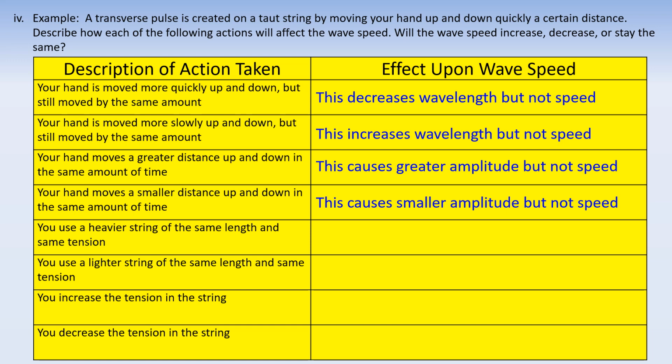So if you use a heavier string with a greater string density, that inverse relationship tells us that the speed should decrease. So the wave speed is inversely proportional to this inertial factor, which is measured by the string density. And conversely, if we were to use a lighter string with a smaller string density, that would cause the wave speed to increase.